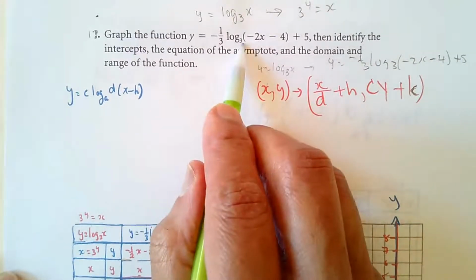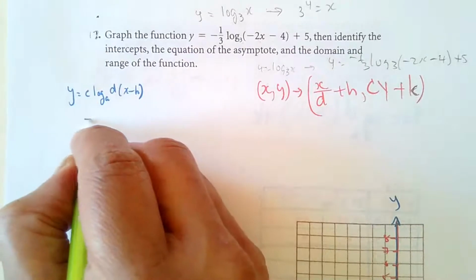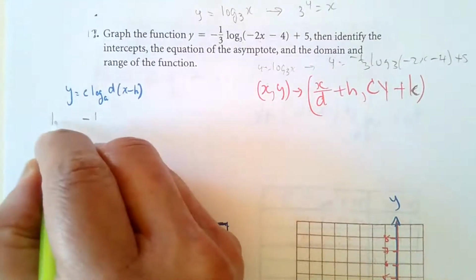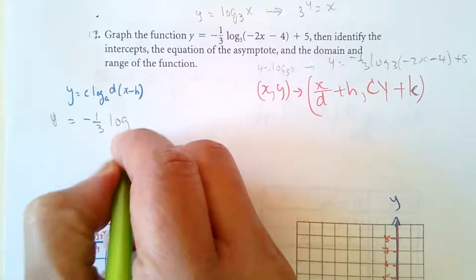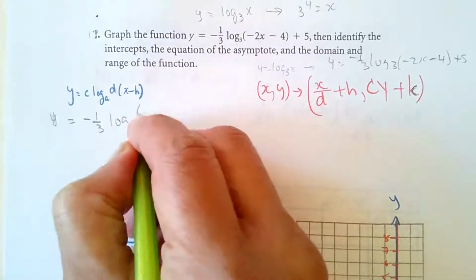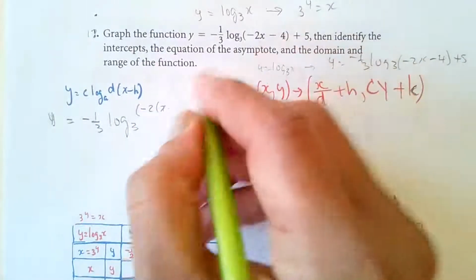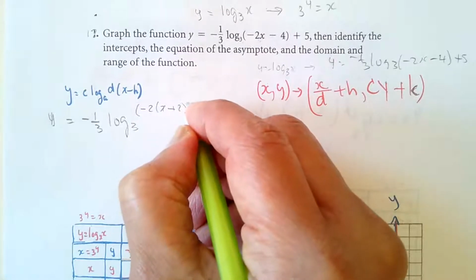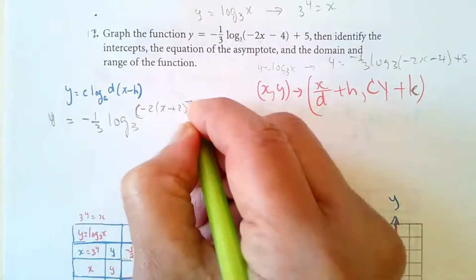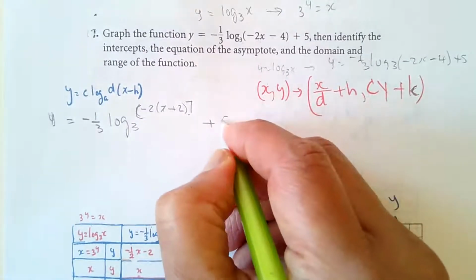So first of all, simplify this and factor out the 2. And what we will have is -1/3 y is equal to log 3 of -2x. Factor out -2, this will give me +2 here. Maybe put a square bracket here. Then we have a vertical translation of 5.